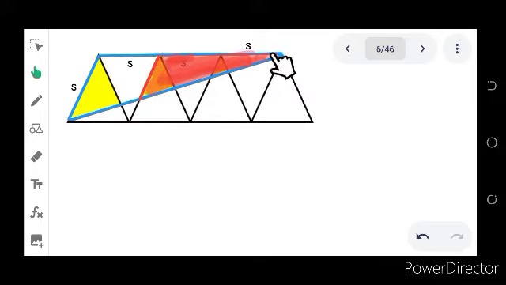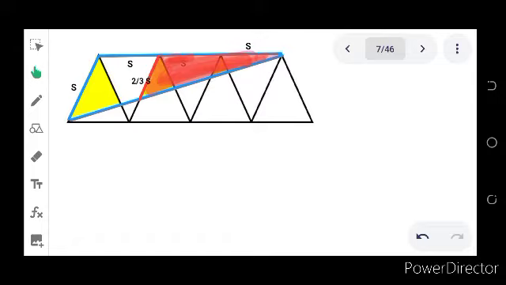This one is 2S because this is S and another S. This one is 3S because this is S, another S, and another S. So this one over S is equal to 2S over 3S. Solving that algebraically, we establish that the side is 2/3 S.